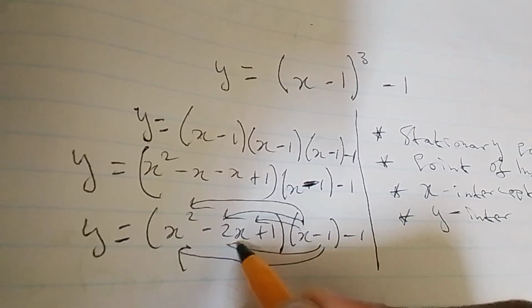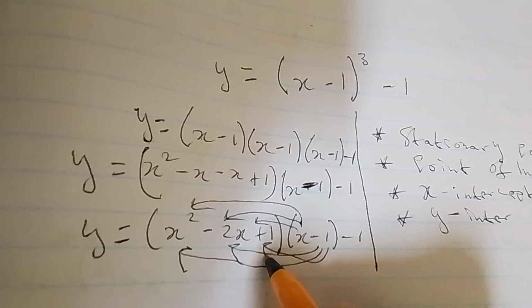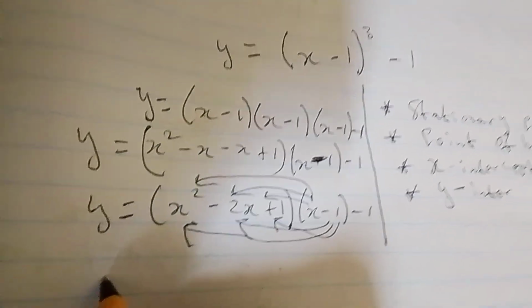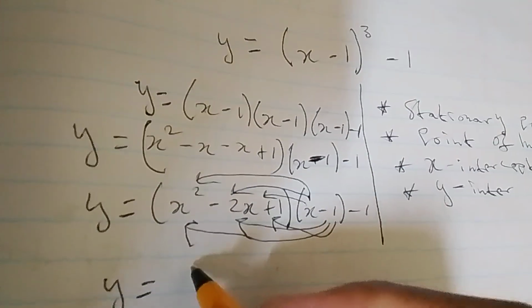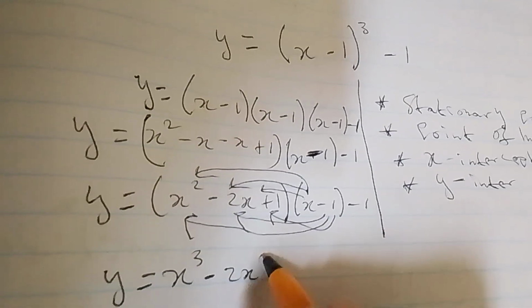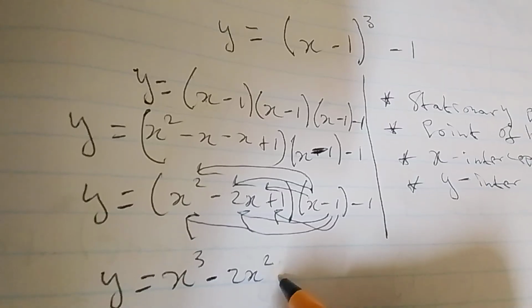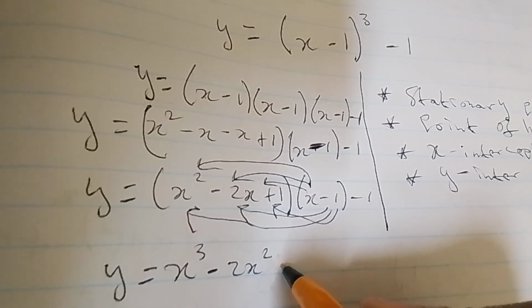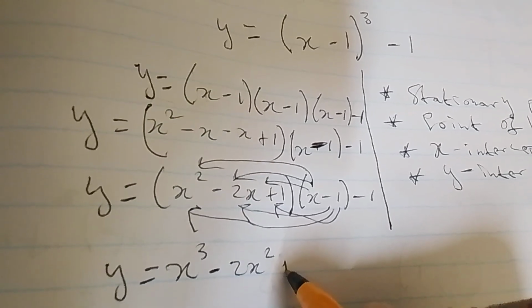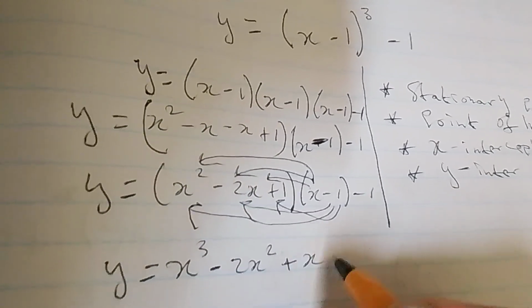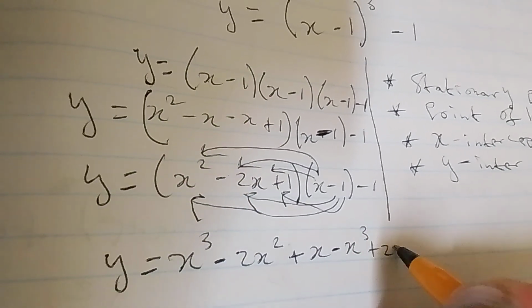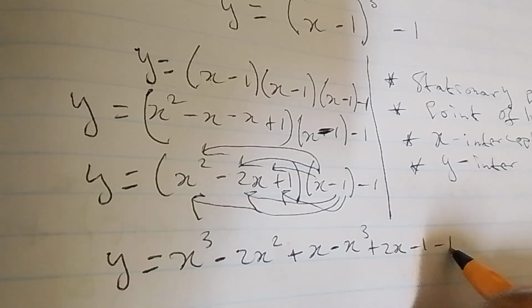I already did it aside, so I will get x cubed minus 2x squared plus x minus x squared, and then plus 2x minus 1 minus 1.